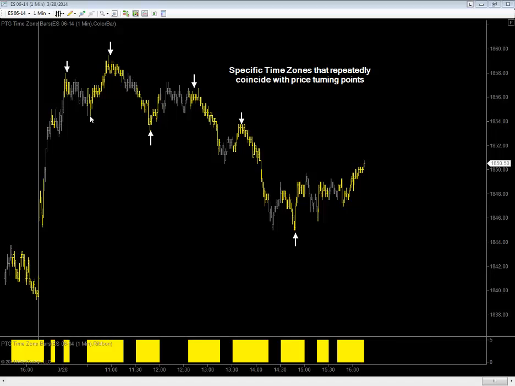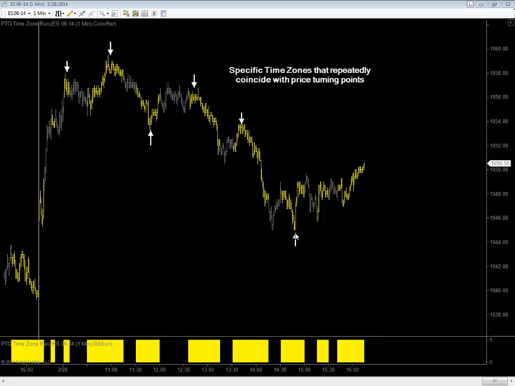I did not mark this one, but then it pushed back up once again, time zone high, price high, and then we get a reversal back again on a low, once again on the flip side, and then again as the market was making lower highs into the afternoon period, each bounce coincided with a time zone high pivot.